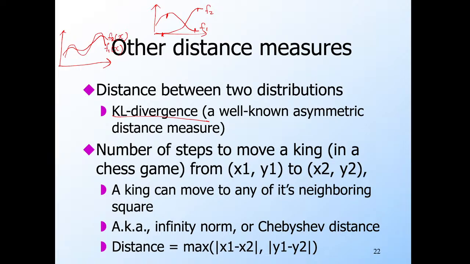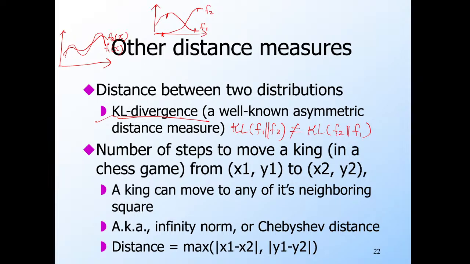And KL divergence is asymmetric, which means that the KL divergence from f1 to f2 is usually unequal to the KL divergence from f2 to f1. They are not equal. But I don't want to show you the exact equation. I just want to let you know that there are various different similarity measures, and some of them are asymmetric.